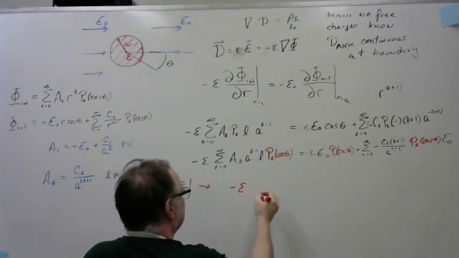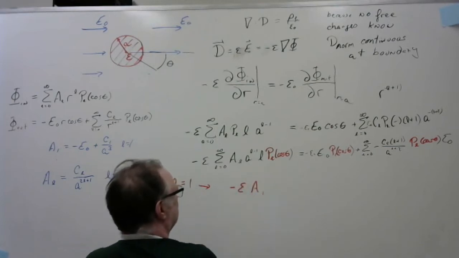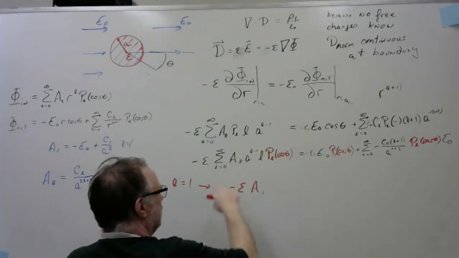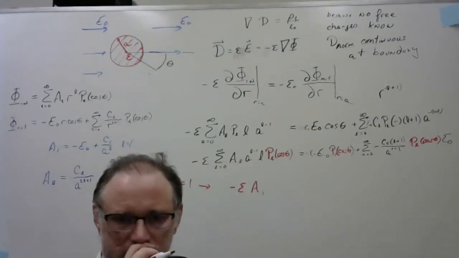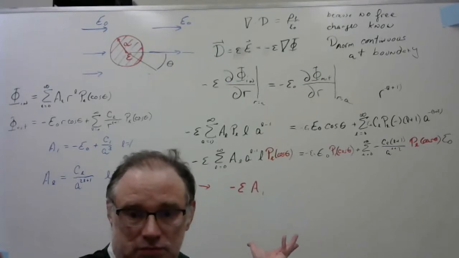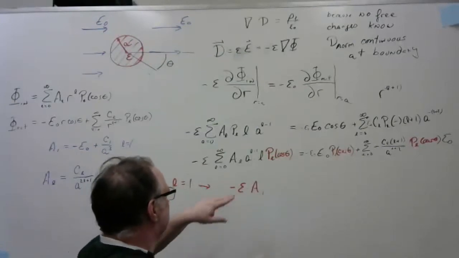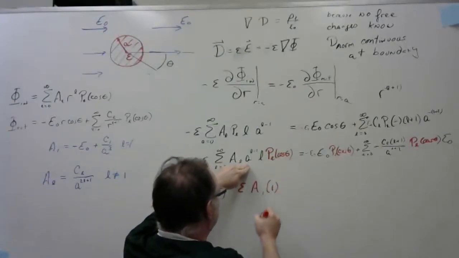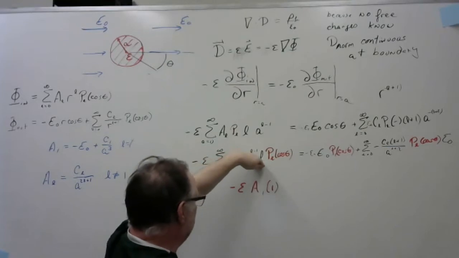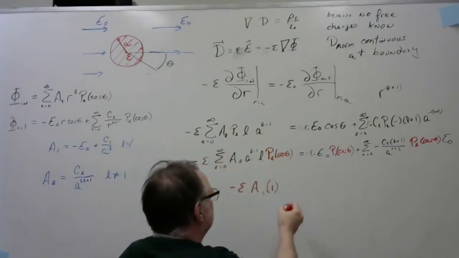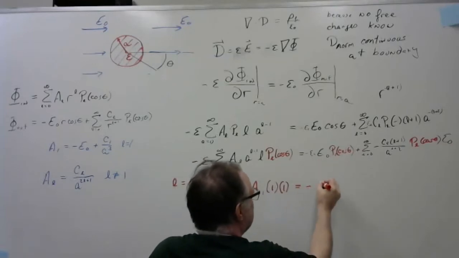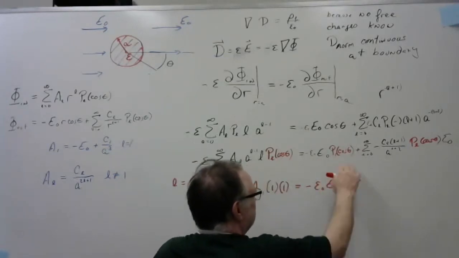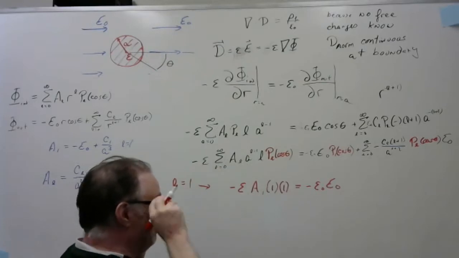Minus epsilon A1, A to the 1 minus 1. What's A to the 1 minus 1? Just 1, because it's A to the 0. So I'm going to write a 1 here. L, when L equals 1, is just 1. Okay? There we go. Now this has to equal minus epsilon naught E0. That's my coefficient of the P1 term there.